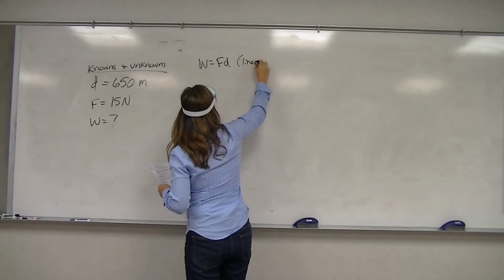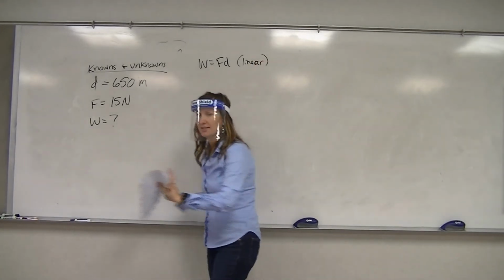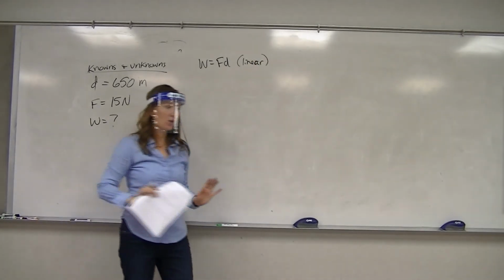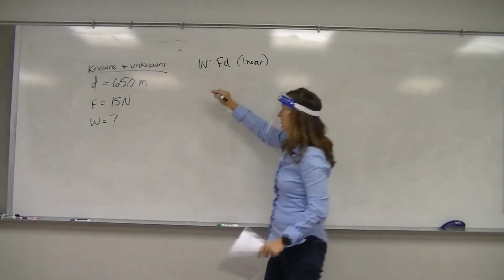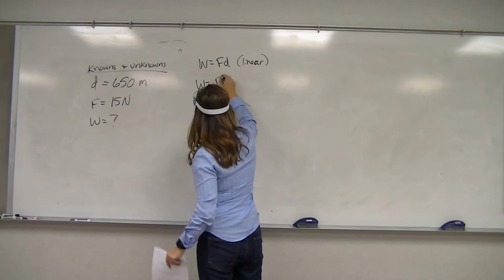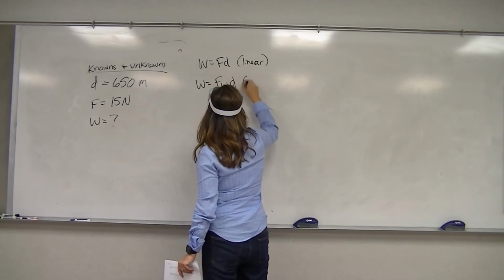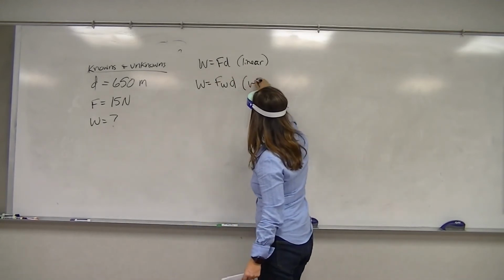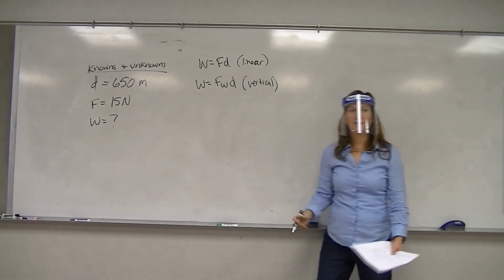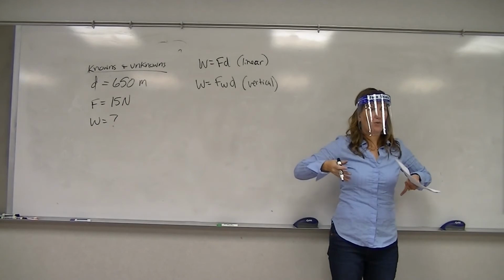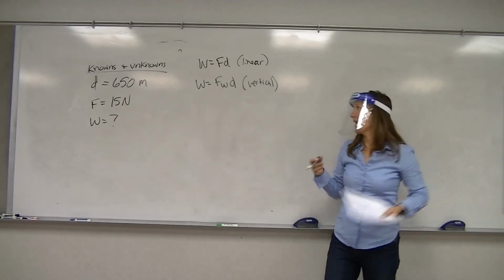What that means is if you're pushing something along the horizontal, along the x-axis, then you use this guy. The other one is F of W D, and this is vertical. You use this one if you are lifting something up from the ground, vertical, along the y-axis.